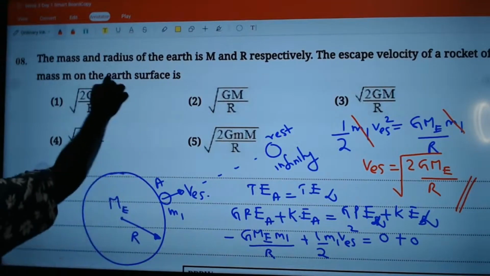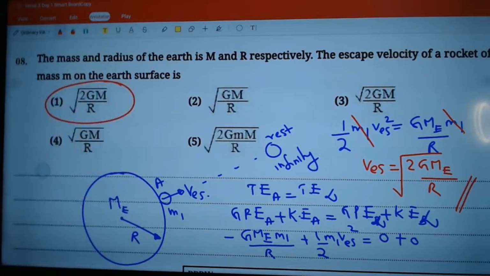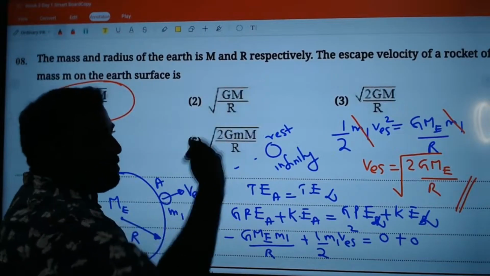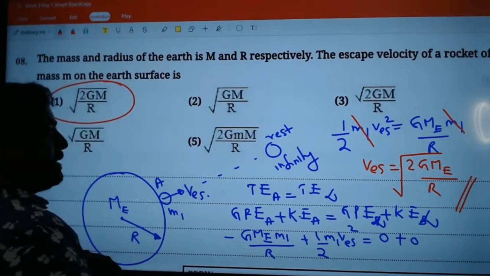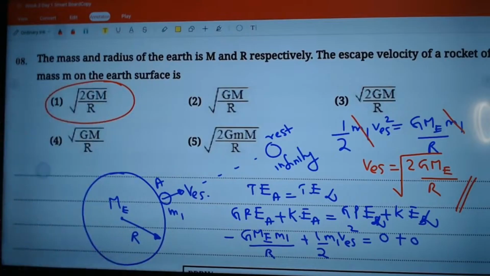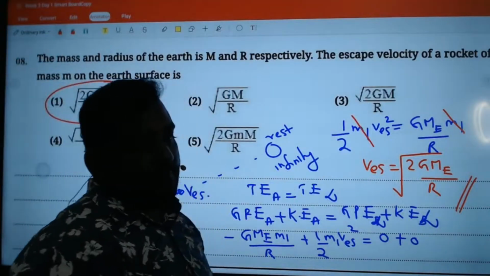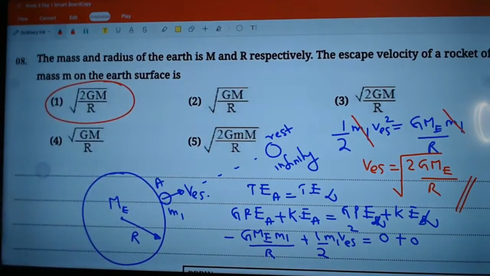So this answer is the valid answer, answer number 1. To escape the Earth's gravitational field means it must reach infinity.